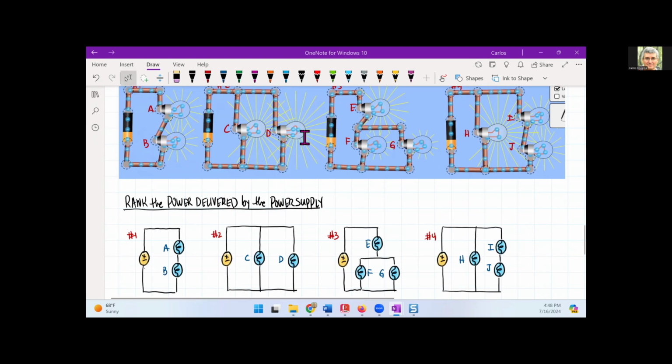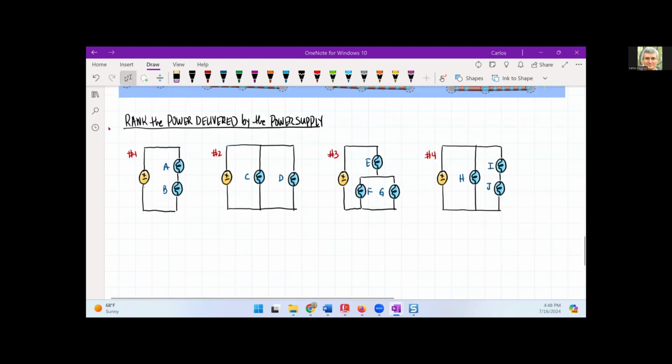And now that I have my circuits, what do we expect to be the most powerful? What we expect to be the most powerful are the ones that are going to have the highest current.